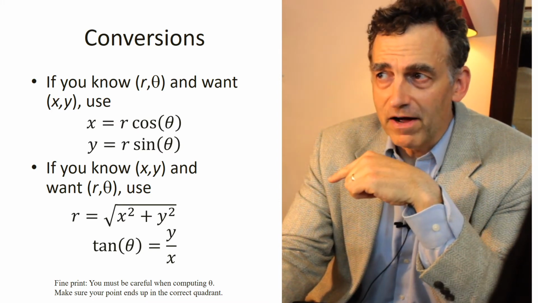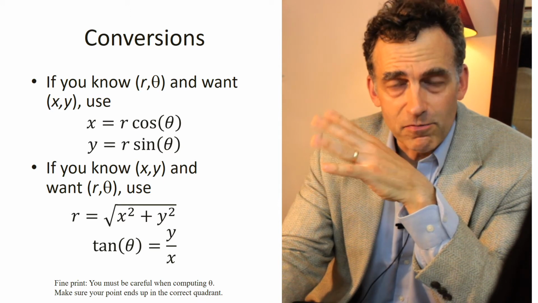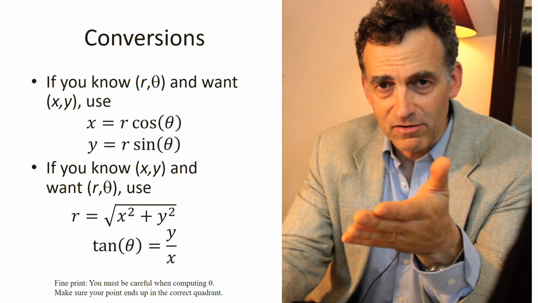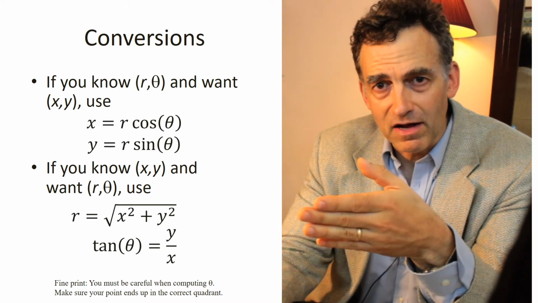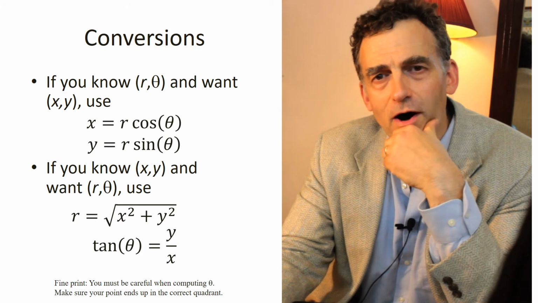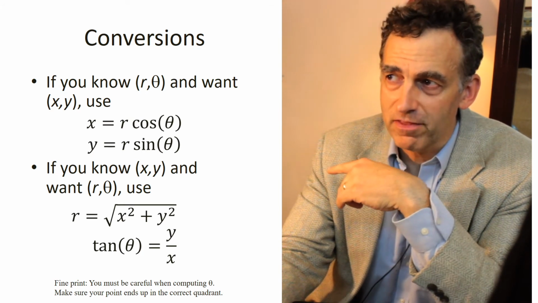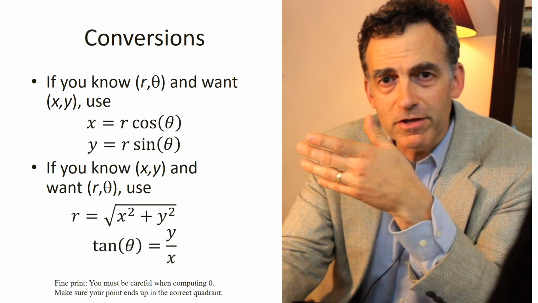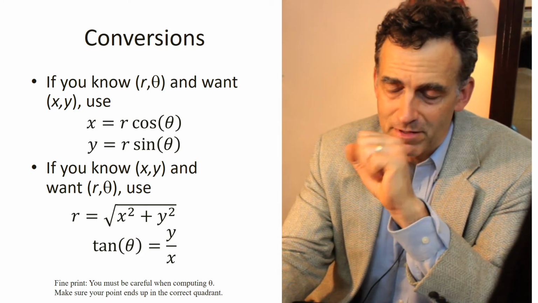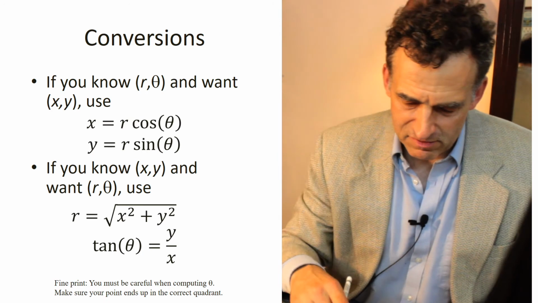The tangent of the angle is y over x, but because tangents repeat themselves every 180 degrees, you won't necessarily know which quadrant you're in, and so you have to be careful. When you're computing theta, make sure you end up in the correct quadrant. You'll see this happen in just a minute with the examples.